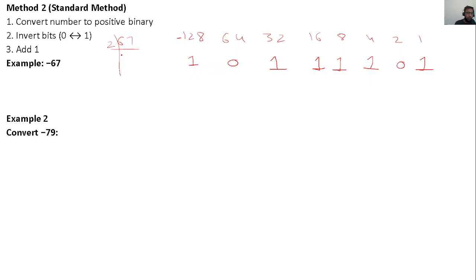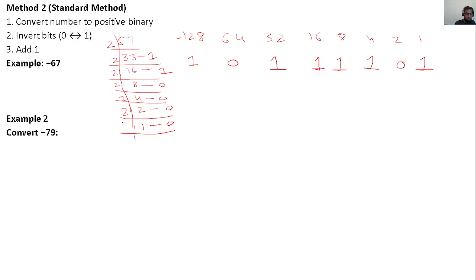2 multiplied by 33 gives us 66, and the remainder is 1. 2 multiplied by 16, and the remainder is again 1. 2 multiplied by 8 gives us 16, remainder is 0. 2 multiplied by 4, remainder is 0. 2 multiplied by 2, remainder is again 0. 2 multiplied by 1, remainder is again 0.